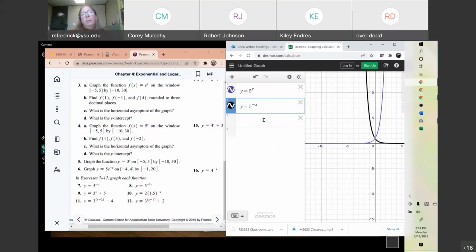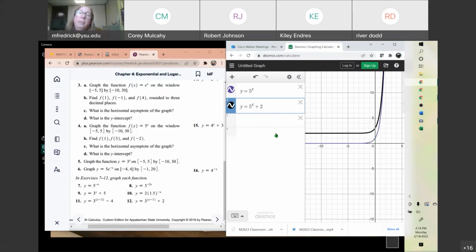Okay. If we get rid of the negative and then add 2, when you add or subtract outside, away from, not up with the x, but out below, it will move up or down the same as the sign. So if I have a +2, notice this moved up 2.